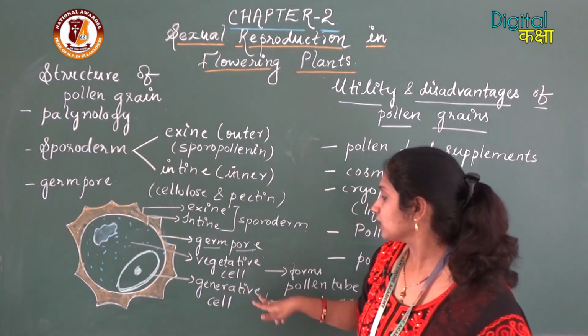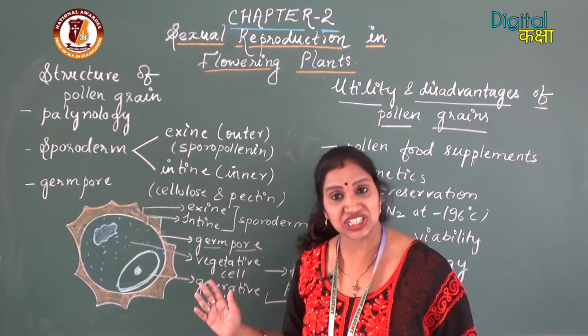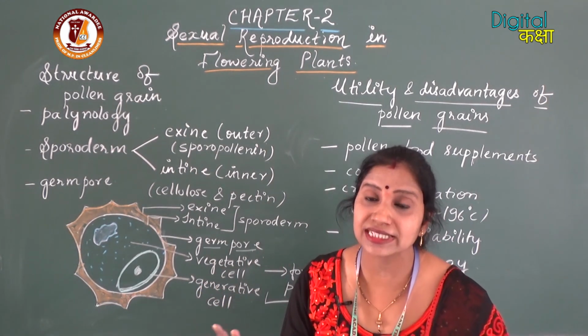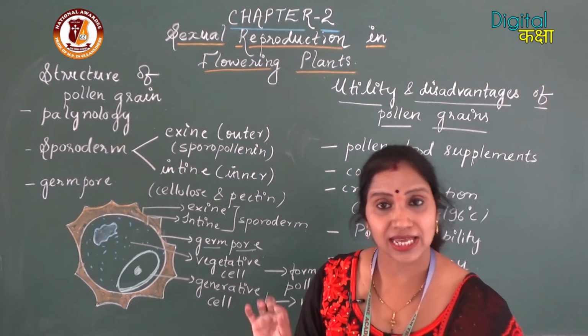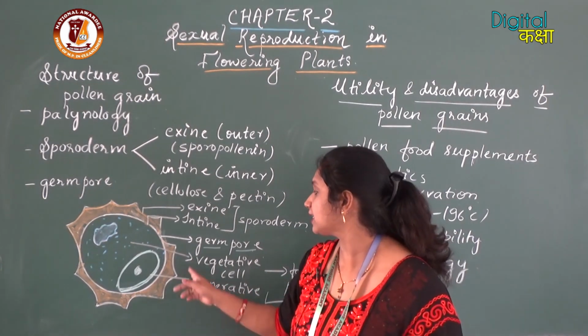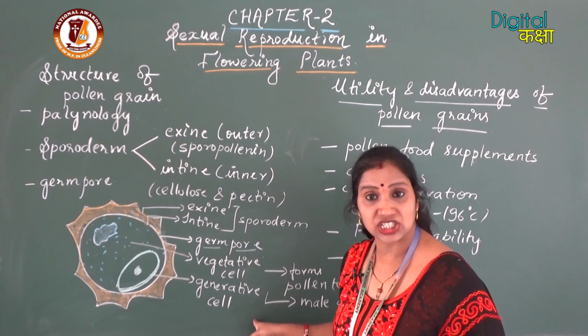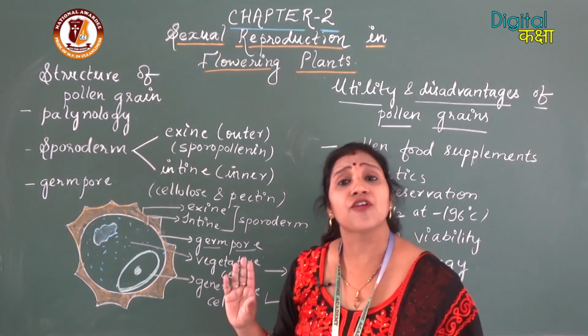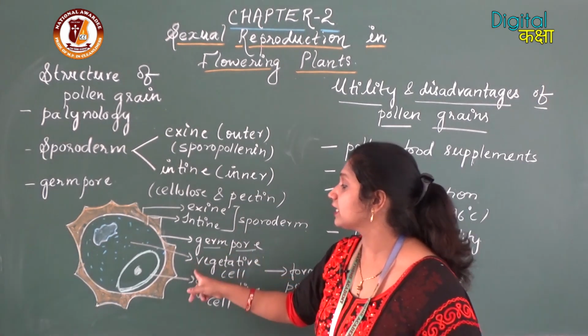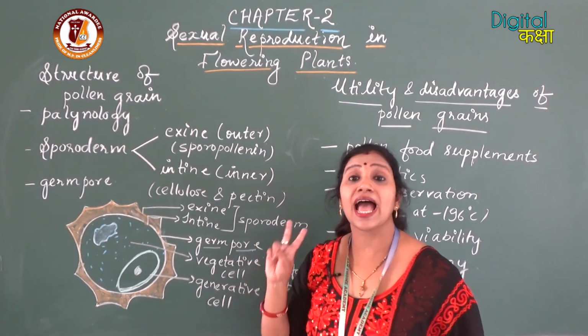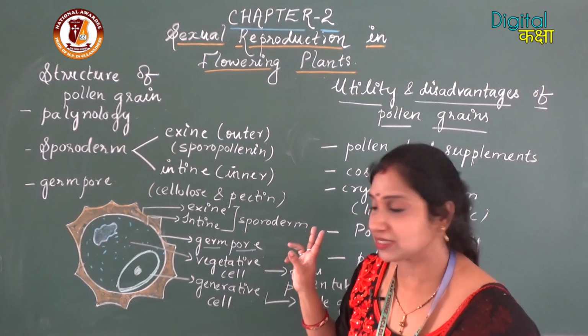Okay. So the pollen grains are shed at either the two-celled stage or the three-celled stage. So 60% at the two-celled stage containing a vegetative cell and a generative cell, while 40% at the three-celled stage, containing one vegetative cell and two male gametes. Okay.